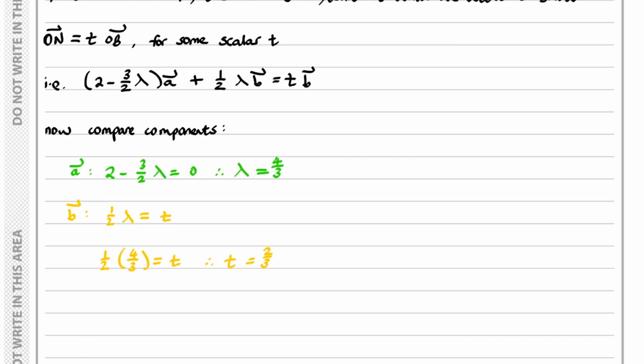And therefore, what we can see over here is ON is equal to 2/3 OB, and therefore ON to OB is equal to the ratio 2:1.